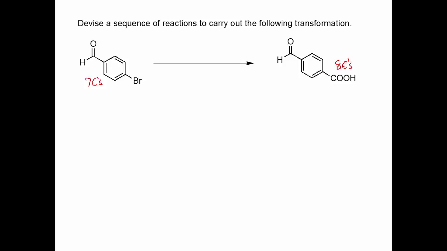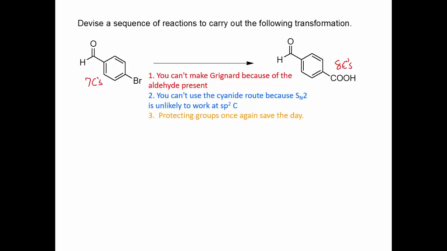But it looks like we got problems. We can't make the Grignard reagent from this compound because it's got an aldehyde in it. Okay? So a Grignard reagent like this could never have any sort of lifetime because of the incompatibility of that functional group with that functional group.